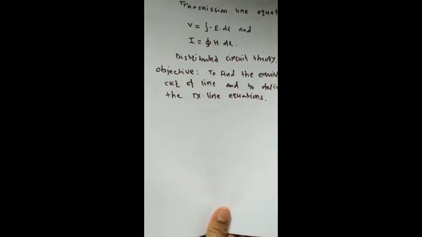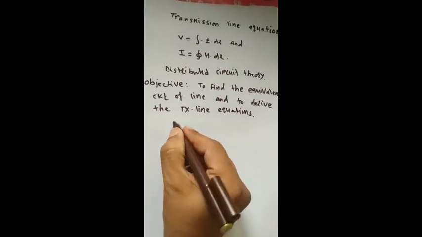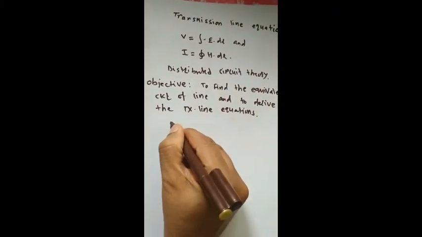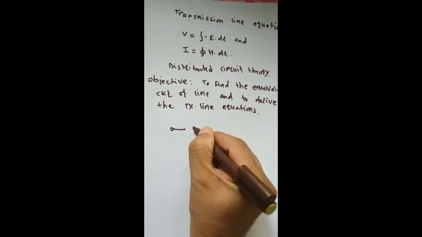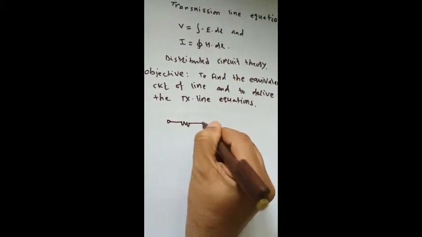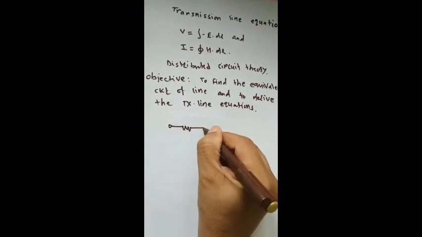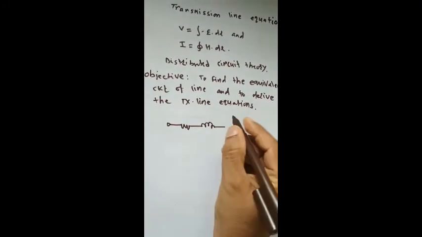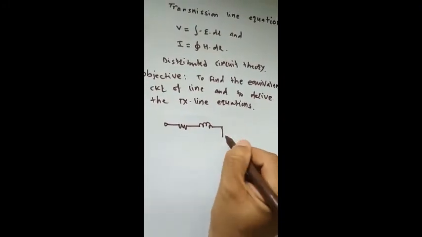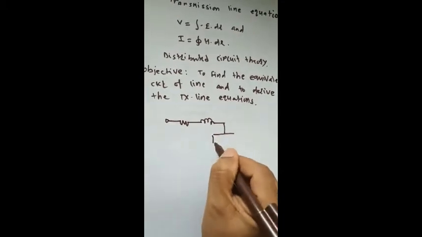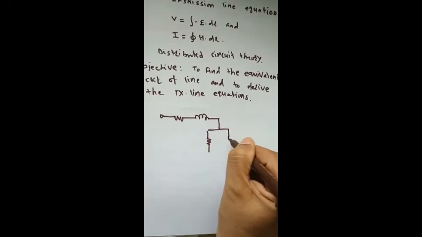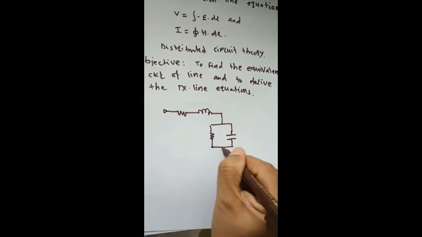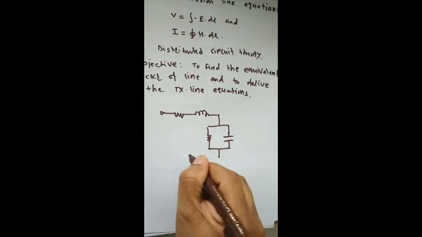Let us first draw the equivalent L-type model of the transmission line, which consists of the four transmission line parameters that we have seen.